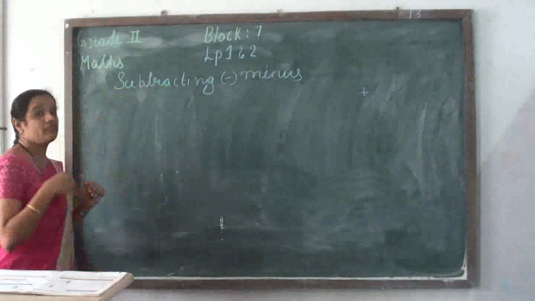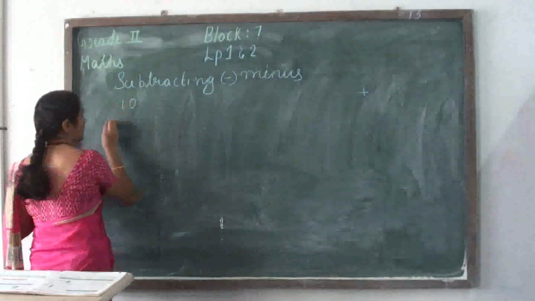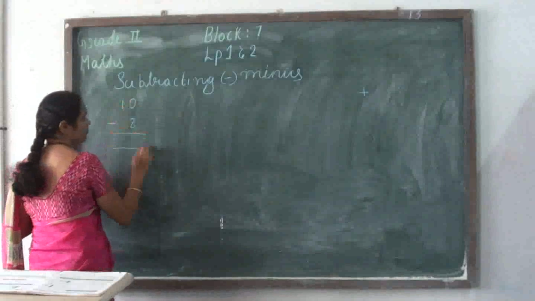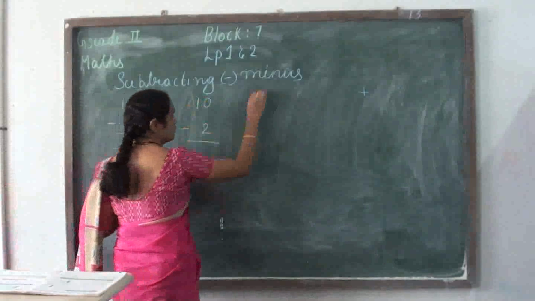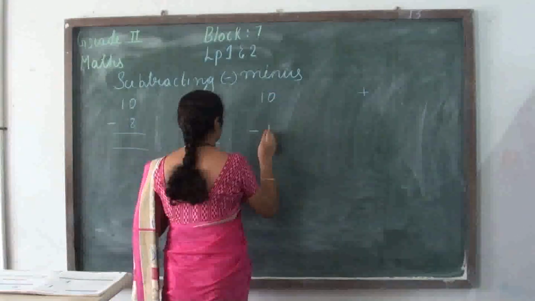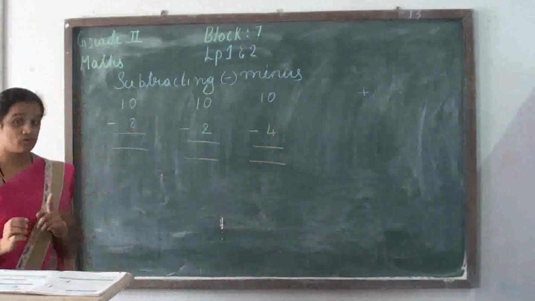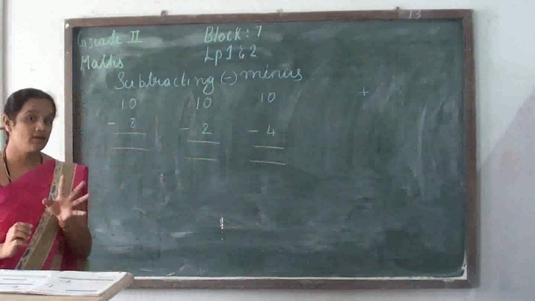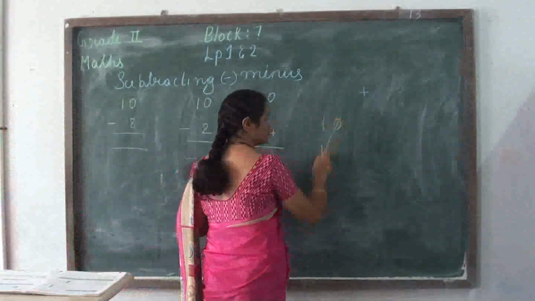So here, subtracting within 10. That is 10 minus 8, or else 10 minus 2, 10 minus 4. Here also you have to follow the place values. You should not write in a wrong place. If 10 is here and you write 4, it will be wrong.